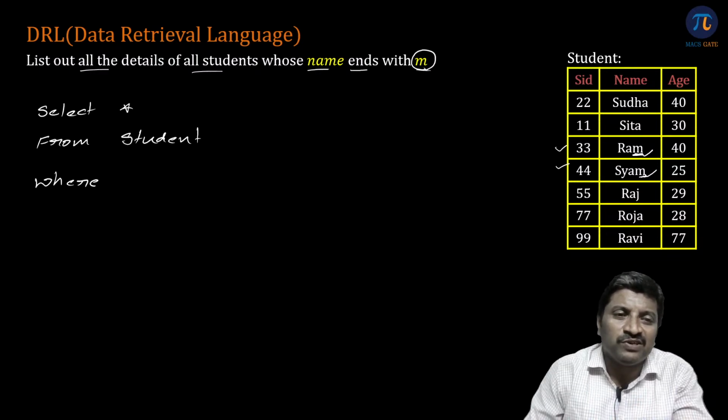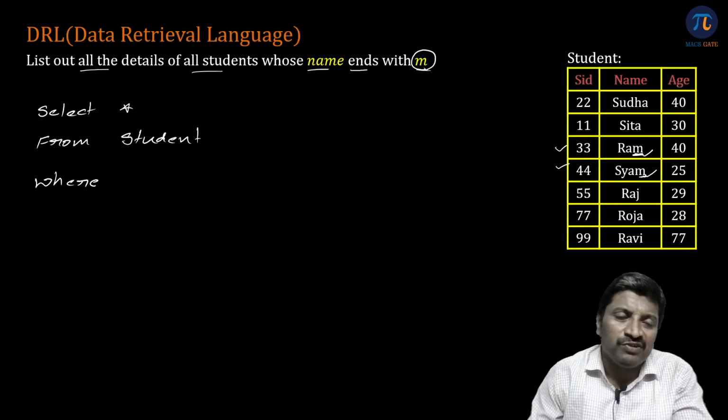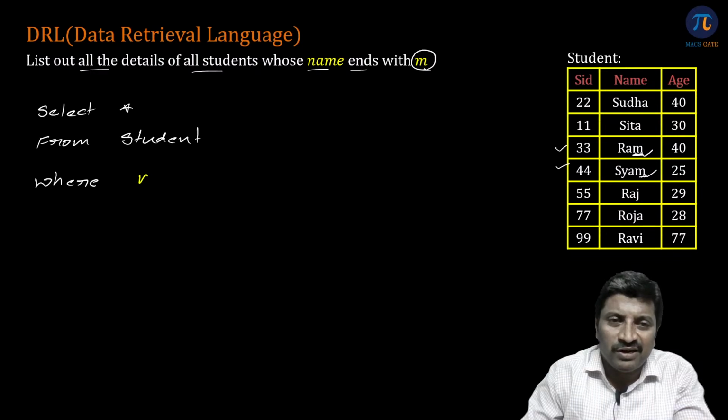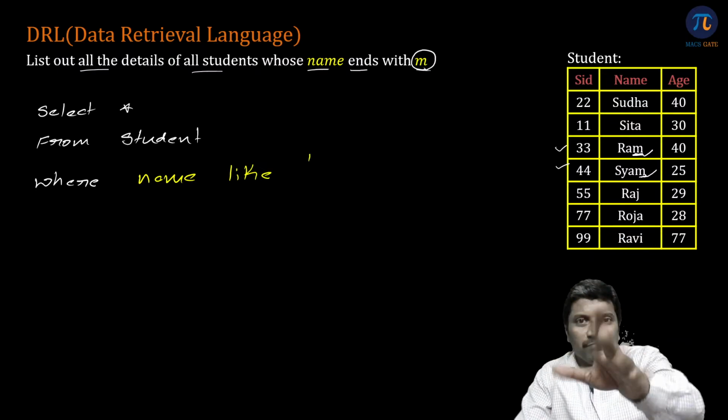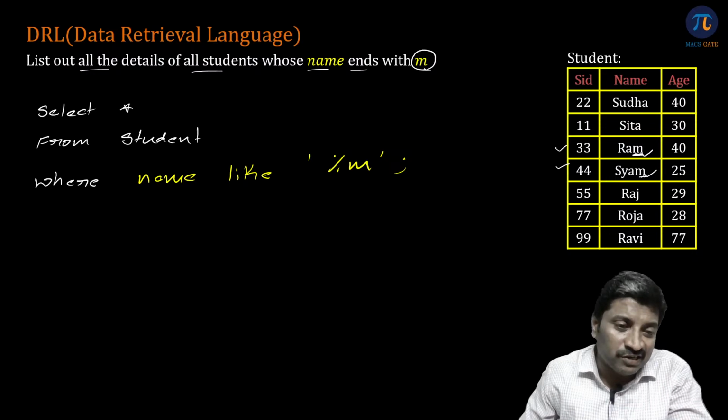Where clause is the main one, sir, because it is used to filter the records that we need. So where, what is it, sir? Name. Where name like, now I don't know the starting characters. Any string followed by M, because I know the last character.